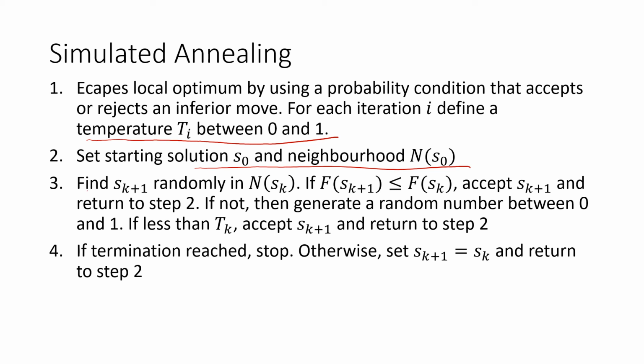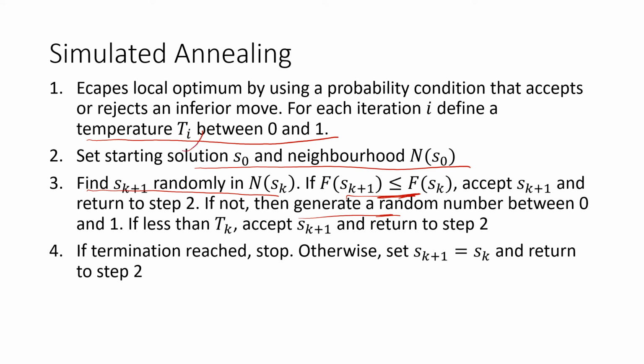At every point, you find your next step, you pick something random in your neighborhood. If it's a better solution, or if it's no worse, you accept that solution. If you're jumping to a point that's worse, I might accept it anyways. I'm going to roll the dice and see what my probability is. If it's better than my probability, I'm going to go there anyways. So you just jump around randomly in random directions.